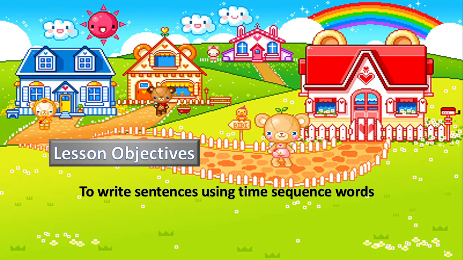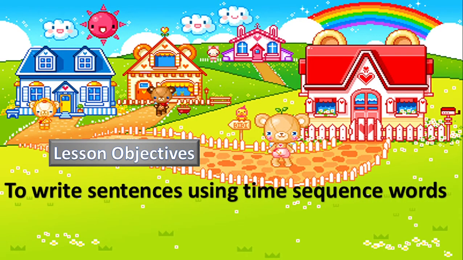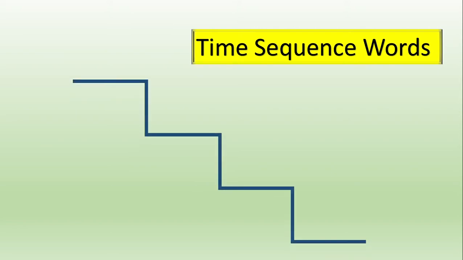In this lesson, my students, we're going to write sentences using time sequence words. First, my students, we need to know what are the time sequence words. Let us imagine the time sequence words as this ladder we have here. This is the first step.